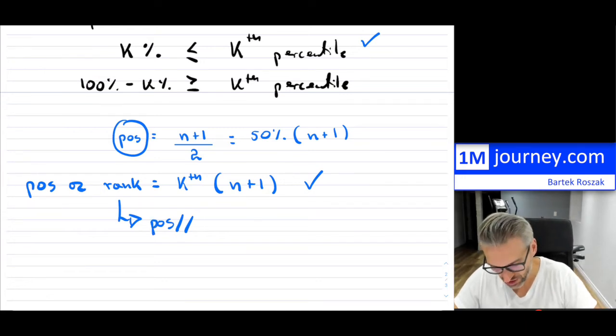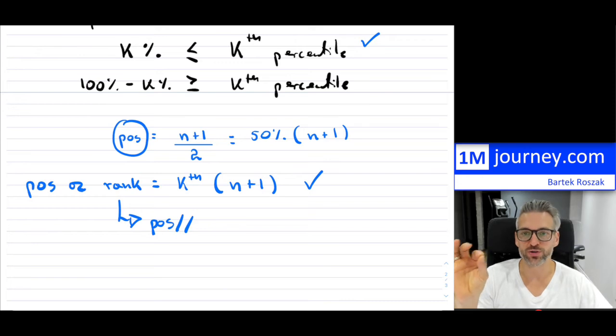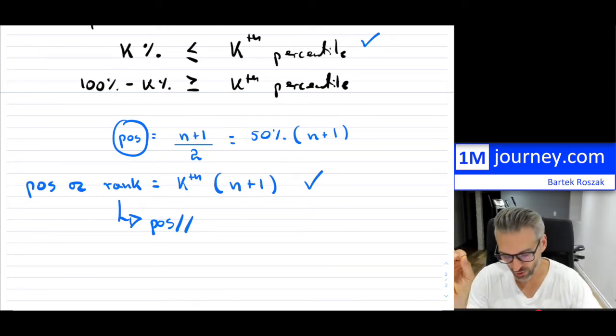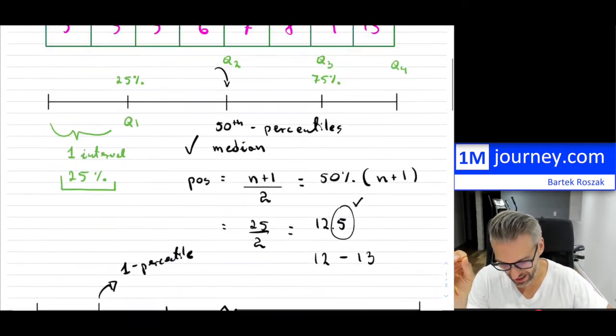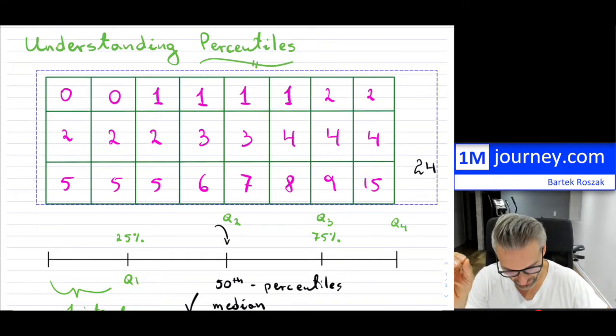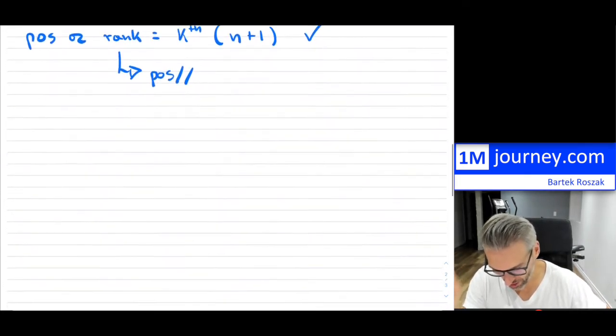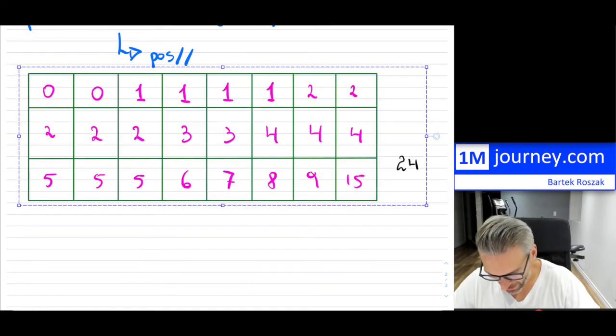That position just tells you which point you are going to be choosing. So again, if I take this entire data set, I'm going to take all of this right here, and let's try to calculate and understand these percentiles with regards to that. So I'm going to paste this up in here.